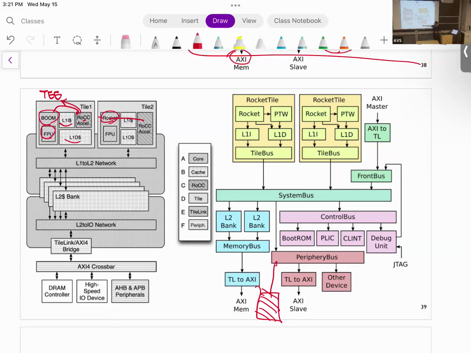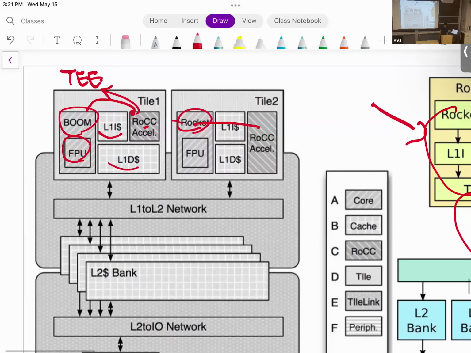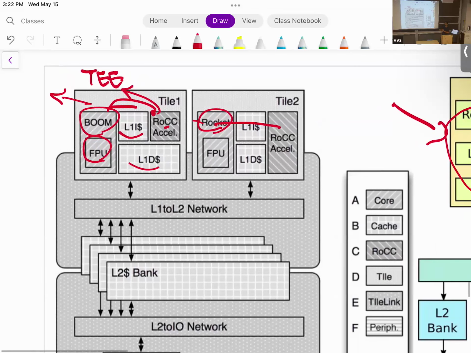But the latency between this unit and your core is really high, because it has to go through this bus and then this bus and then this bus and then eventually to the core. Versus in this tightly coupled scenario, you have a dedicated one-to-one channel, okay? So the big trade-off is that here, now you need to change the tile structure.